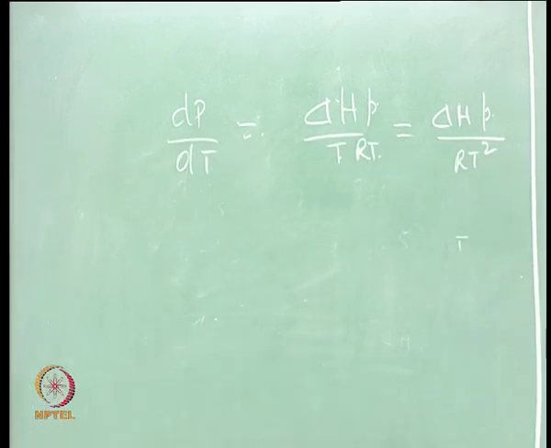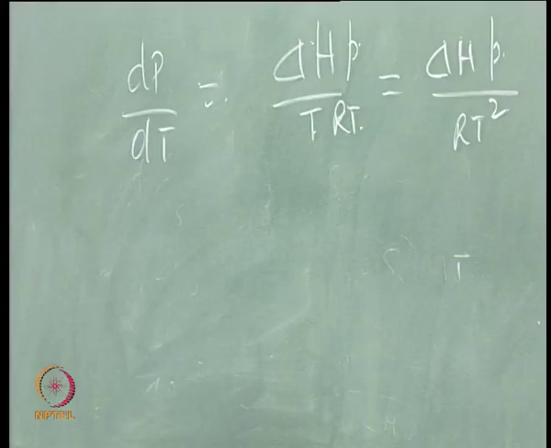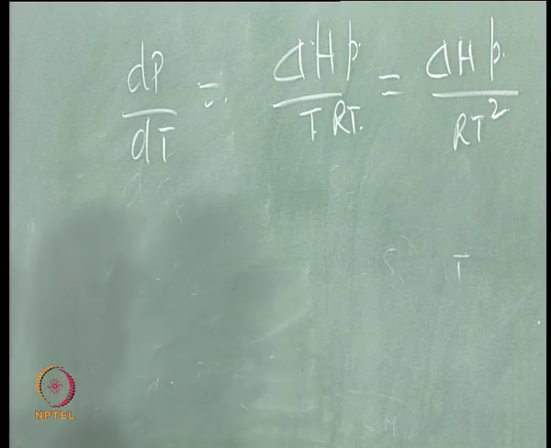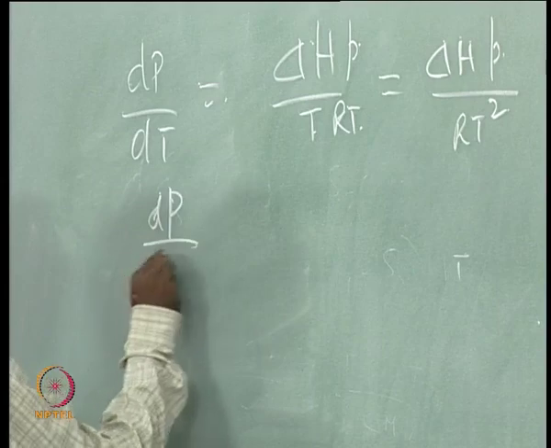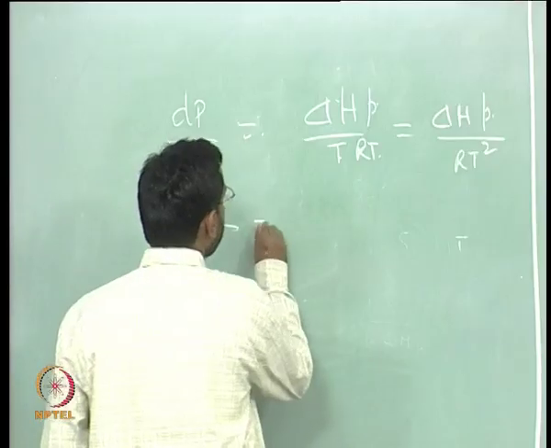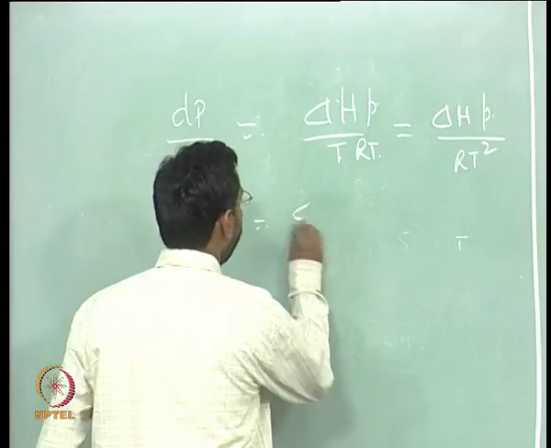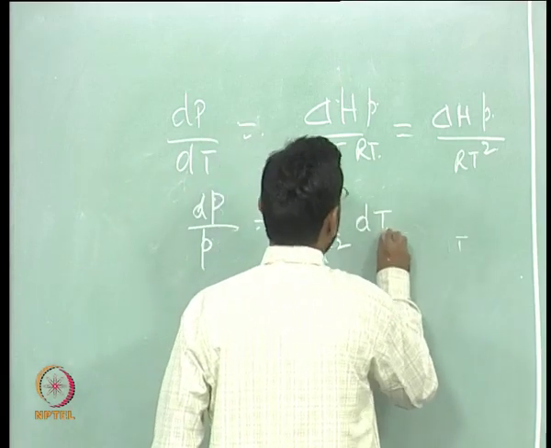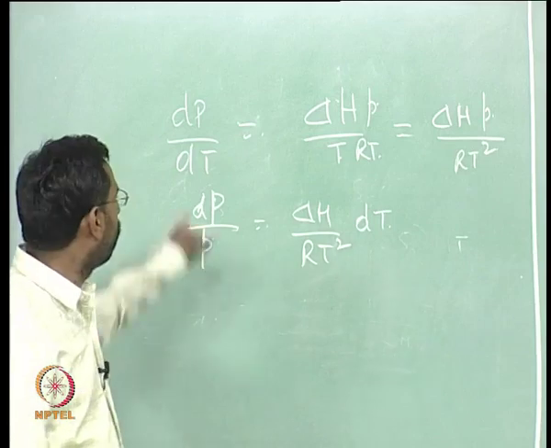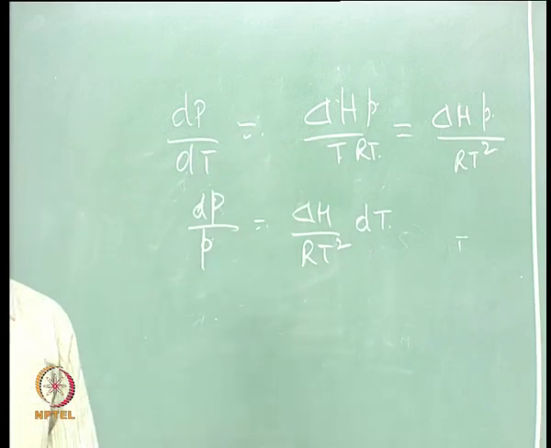Am I right? Right. So, in principle we can write that dP by P is delta H by RT square into dT. Fine.